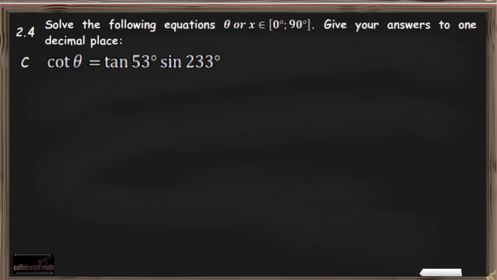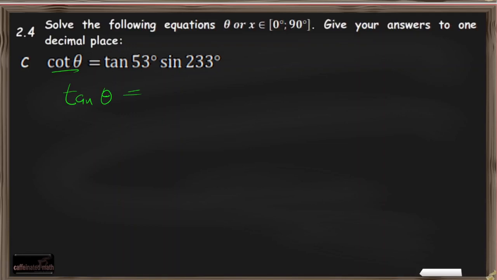Slight note on this, your examiner made a mistake over here which wasn't caught in time, so my apologies. However, it doesn't mean that the problem is unworkable. Let's have a look. Cotan is the reciprocal of tan, so there's no cotan button on the calculator, so we have to reciprocate on both sides.